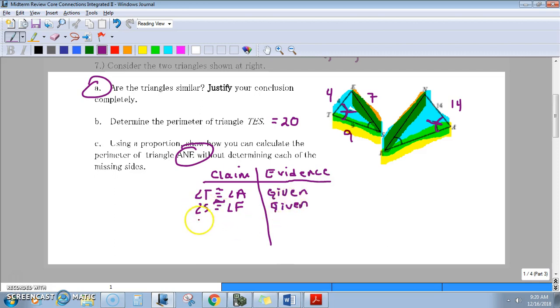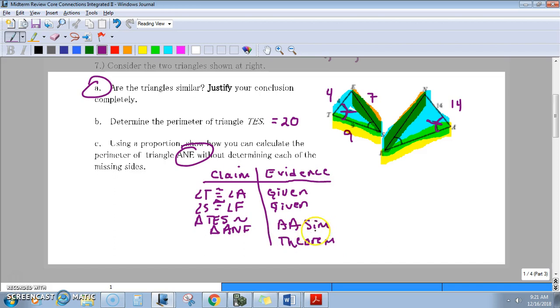And so that's enough, right? If they're similar, that means that triangle TES is similar, that's just the one angle, the one wiggly line, is similar to triangle, let's see, if I did TE first, then TE would be A and F. Remember, they have to be in the right order, A and F, because of the angle-angle similarity theorem.